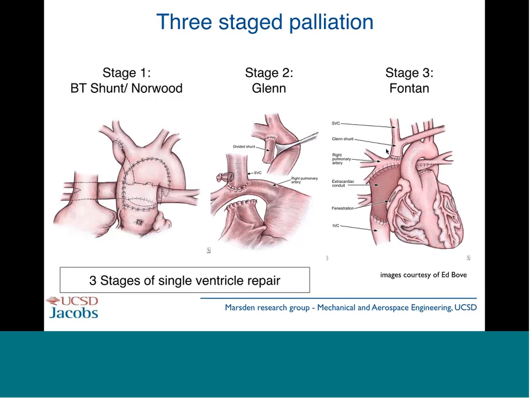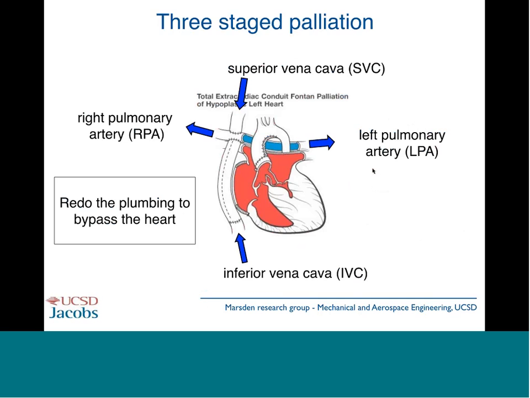So we already have the Glenn superior connection here, and then they add on to this the inferior vena cava connection to the pulmonary arteries. This results in what's shown here, which is essentially a T-shaped junction. The brilliance of this circulation, which was developed in the 70s by Fontan and others, is that the blood only visits the heart once on its way around the circulation.